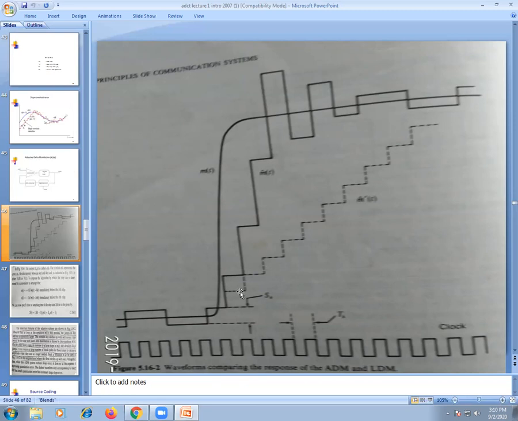Wherever required, the step is large; wherever required, the step is low. That is, the step size is enhanced or compressed. That is adaptation. In adaptive delta modulation, slope overload error is minimized, but quantization error is more.